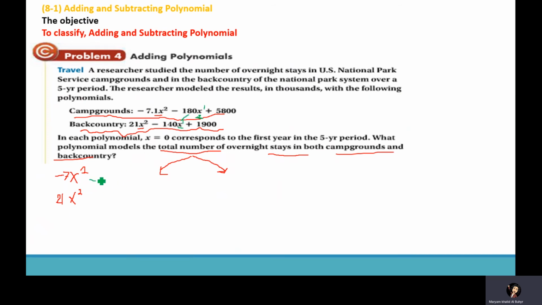So that will be minus 180 x, and I'm going to write this one down, negative 140 x. Then the numbers together, that's easy, just plus 5080. Until now, we did not do anything. We just rewrote our polynomials again.